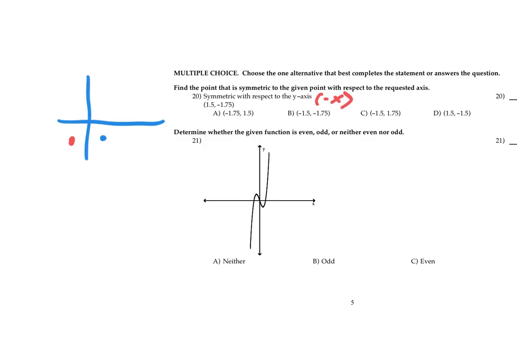That's the other thing that we talked about. So you can either do it on a graph and plot it and then just flip it over the y-axis if you're a visual person and want to see it happening, or you could just say, all right, here's my ordered pair. I'm going to do the opposite of x, which is going to make this negative and keep the y negative, and that's going to put me there too. Okay, either one of those would be a good option.